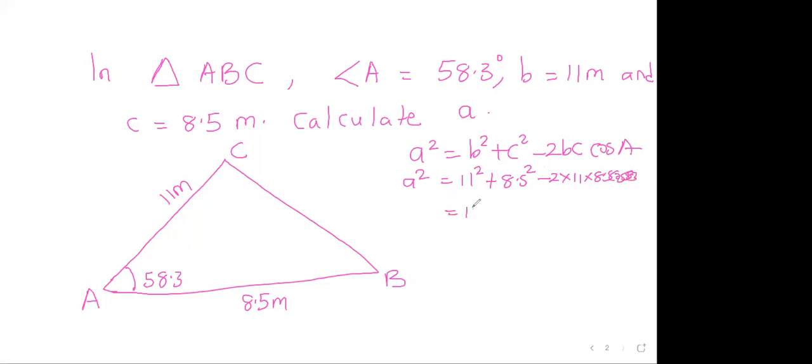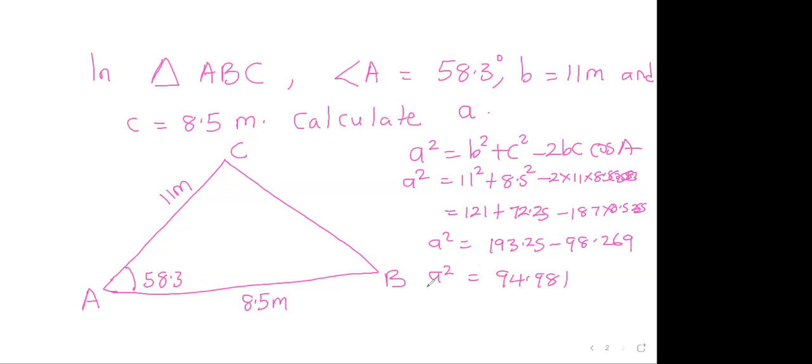Then you go on and say this is 121 plus 72.25 minus 187 times 0.5255. So you ended up with a squared equal to 193.25 minus 98.269, which gave you a squared is equal to 94.981, something like that. Then after, you go to a square root.